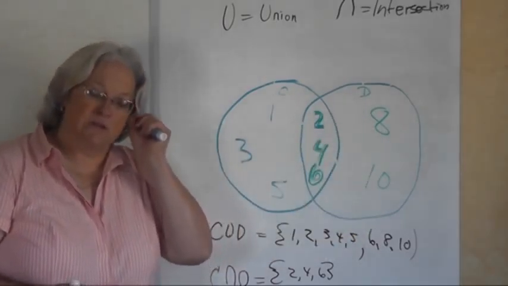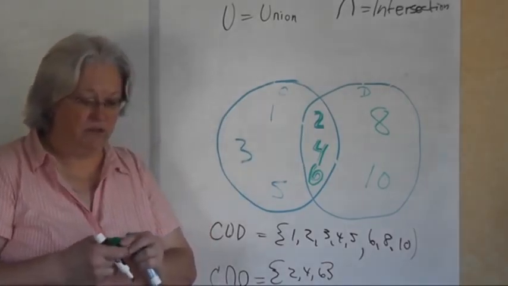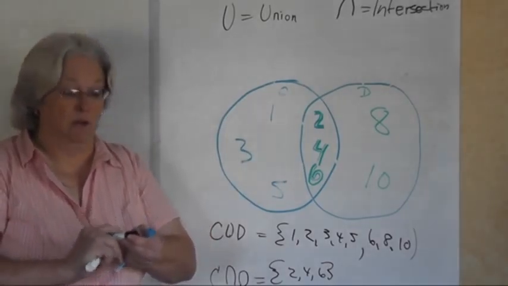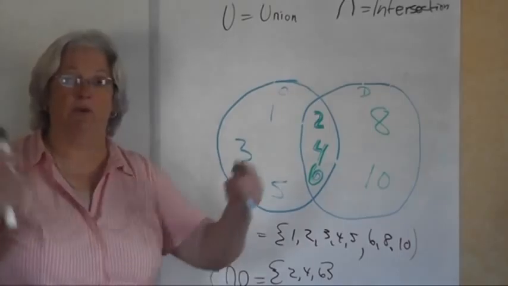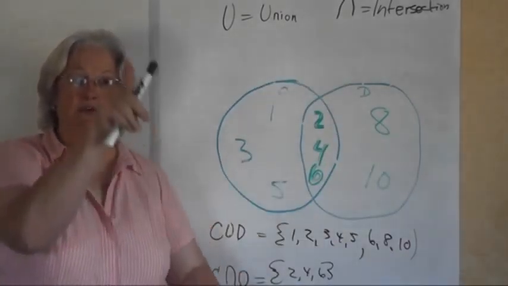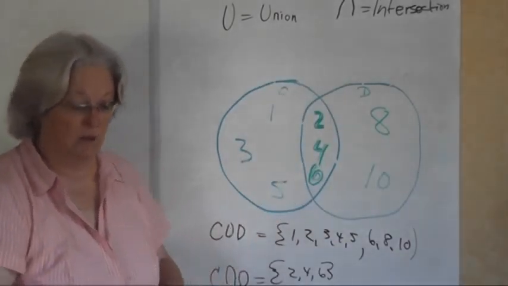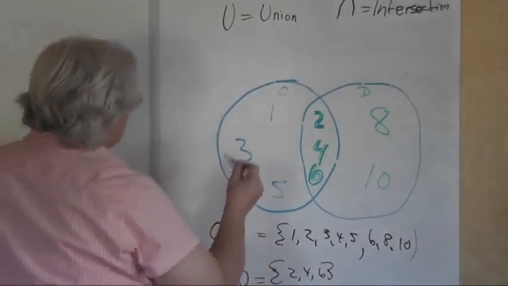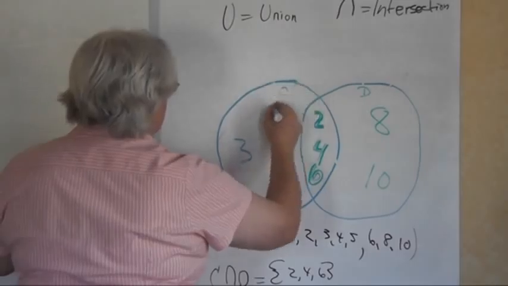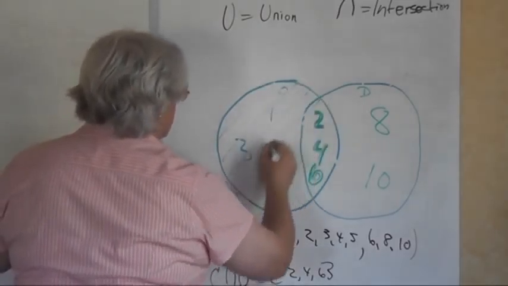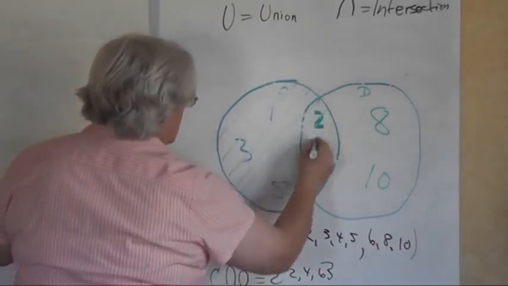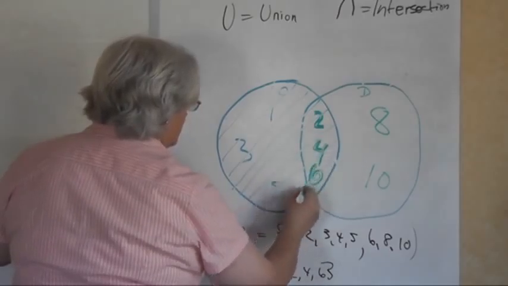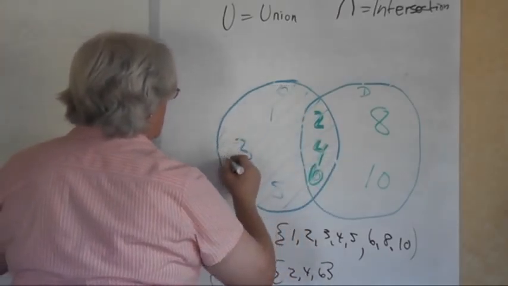So, if we wanted to do the union of those sets, remember the union is the cup, that U-shaped thing that holds everything. The union would be everything that occurs in set C, all of this blue area here.